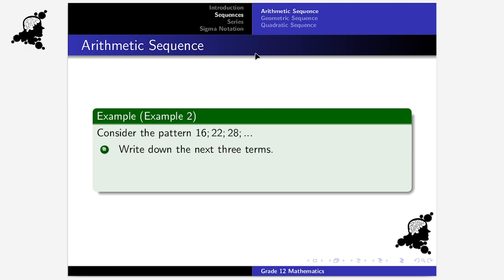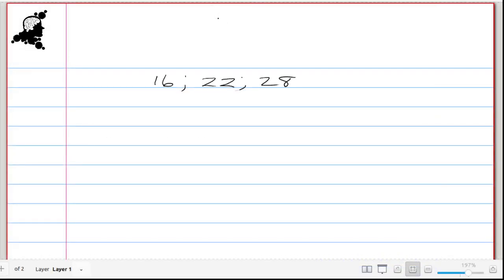Wonderful. So we said to get the next three terms, we need to test if this is an arithmetic sequence. We do this by saying 28 minus 22, that's going to give us 6. 22 minus 16, that's still going to give us 6. We have a common difference. The value of the common difference is equal to 6.